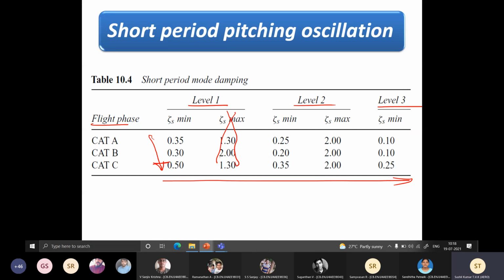Just make an attempt, okay? Just look at the table. These numbers are going up when you go down the particular column. And when you go towards your right, it is decreasing. And it's nothing but damping ratio, okay? Whatever you have seen in your control system.